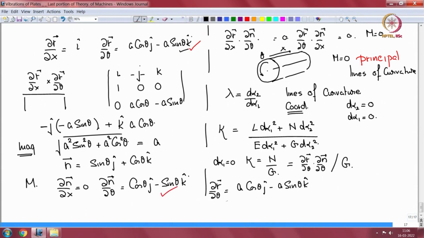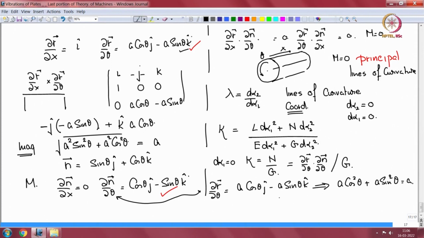So the dot product of these two gives me a cos square theta plus a sin square theta, which is equal to a, and G is equal to a square.